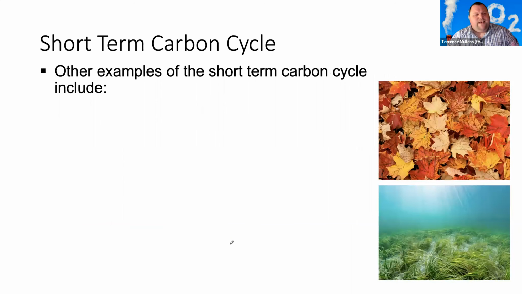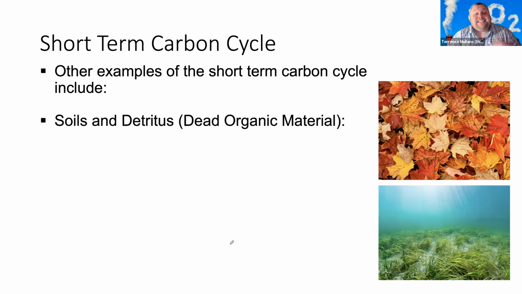So other examples of the short-term carbon cycle also include things like soils. A lot of things that die end up actually getting absorbed into soil and become a part of the soil. So there's an old statement that from the ground you came and from the ground you shall return. When things die, they end up getting reabsorbed back into the soil.